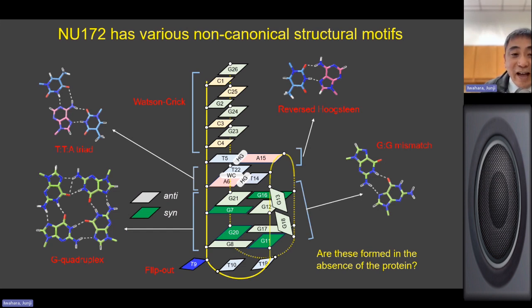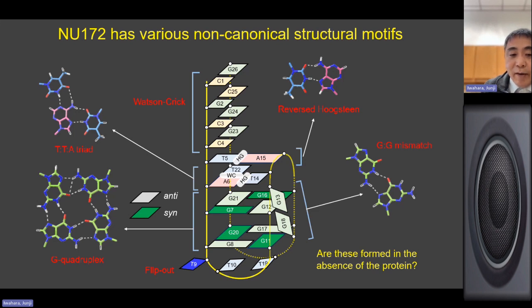Okay, so this aptamer has various non-canonical structural motifs in addition to Watson-Crick base pairs. This part is G quadruplex, and there are 2 reverse Hoogsteen base pairs, and there is also a TTA triad motif stacking on top of the G quadruplex, and there is an additional GG mismatch here, and the protein binds to basically this region.